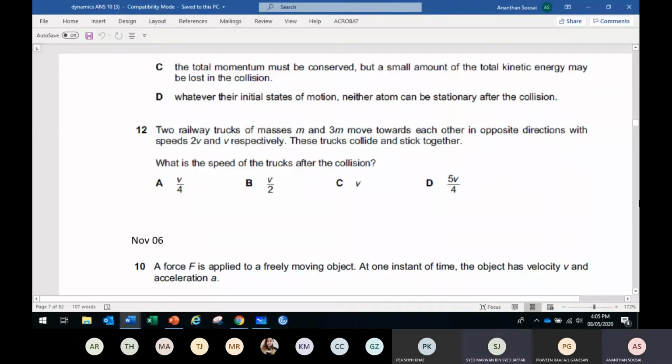Class, every time I have to scroll back to the Teams page. Can you put the answer on WhatsApp? It's easier for me to see from the phone. So what's the answer for 12? You can put it in the WhatsApp.